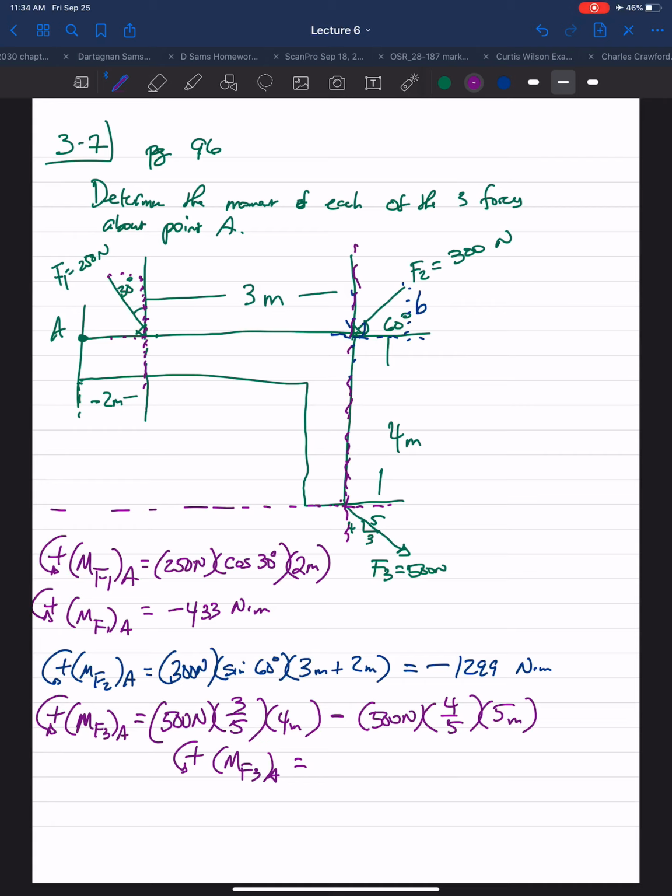Solving this out, you get 1,200 newton meters minus 2,000 newton meters, which gives you a negative 800 newton meters.